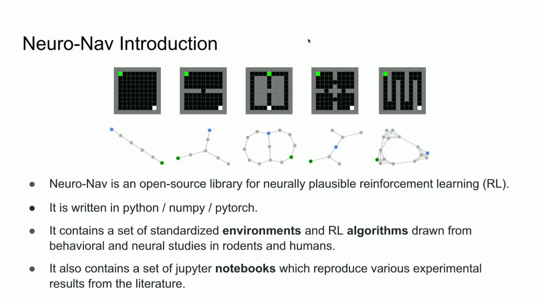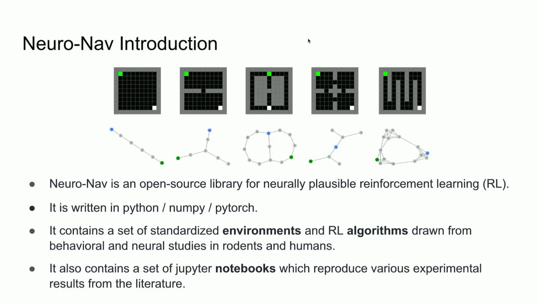We have some examples of these at the top here, where the top ones are these grid-like environments, which I'll go into more detail. And then the bottom row are these graph-style environments. So these capture two classes of multi-step decision-making tasks that are often used in the literature.